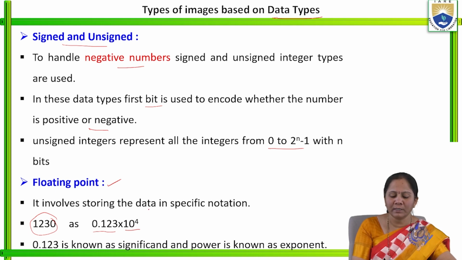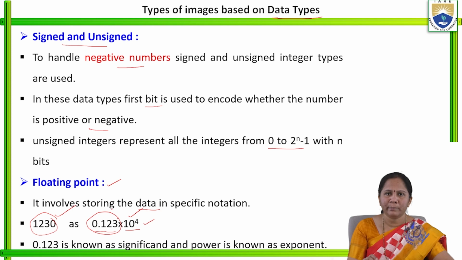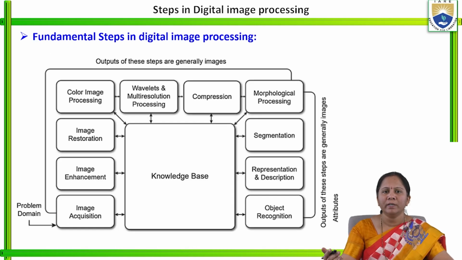So we are going to store the particular data in this form. Here, the value 0.123 is called the significand, and the power here is representing the exponent. So these are different types of images.